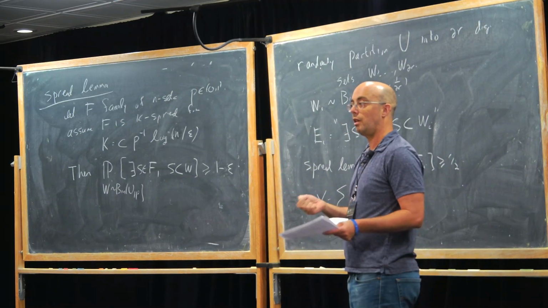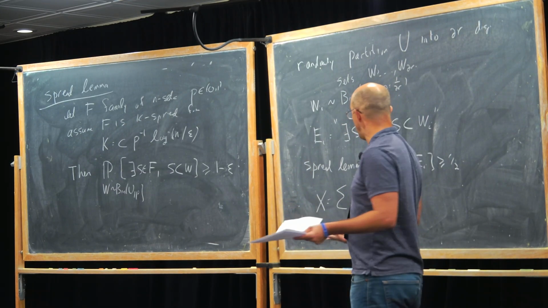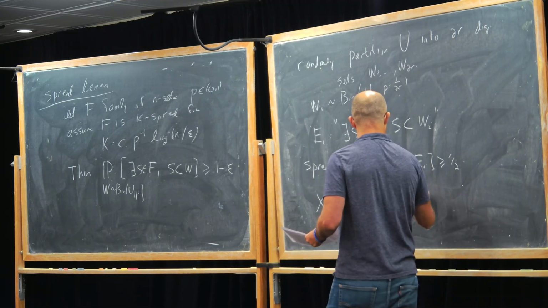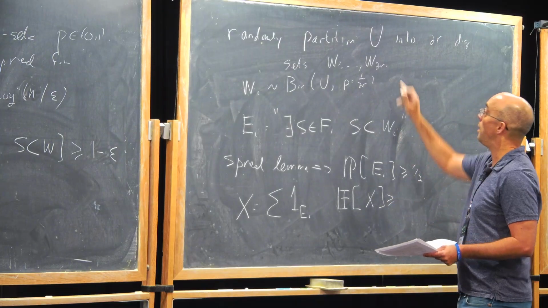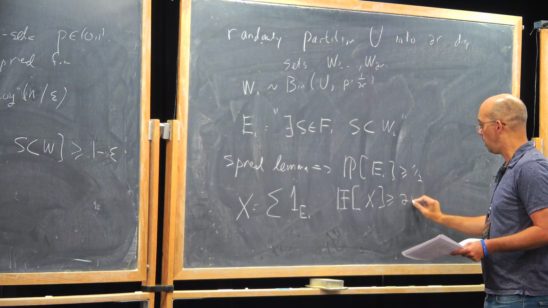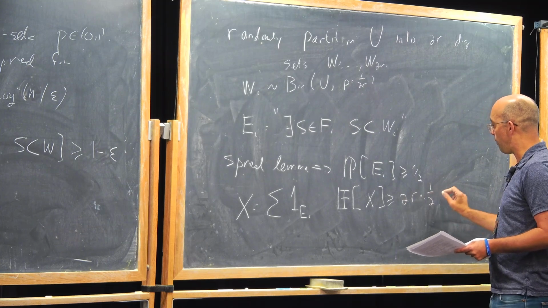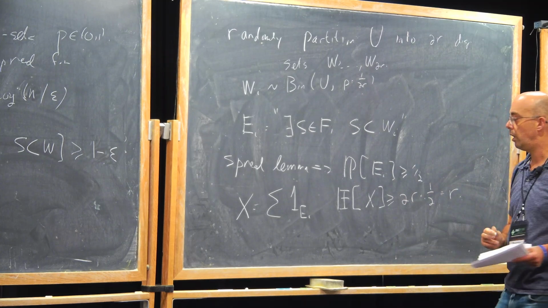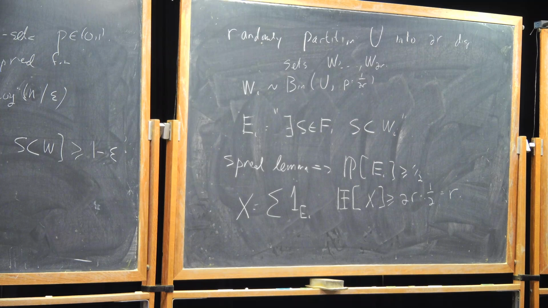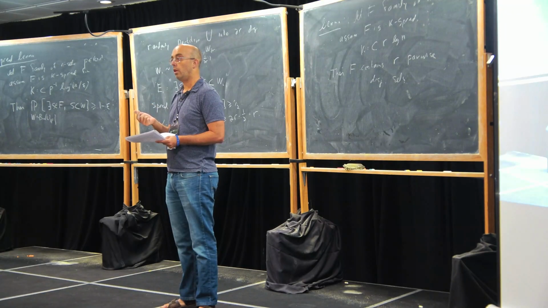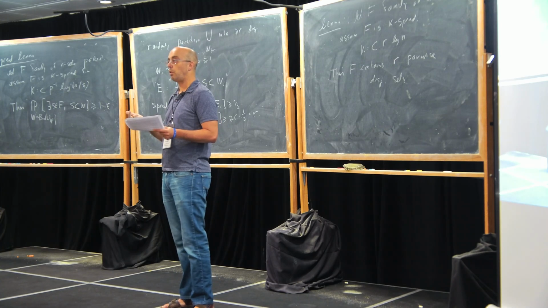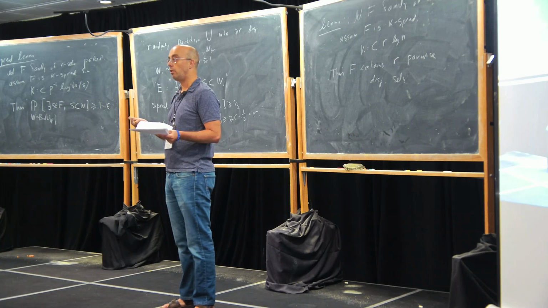So the expectation of X is at least the number of colors, 2R, times the probability of each one happening, a half, which is R. So in expectation, for a random coloring, there exist R colors, and for each color, there exists a set that is completely monochromatic with this color. But then we just found R disjoint sets, because of course, if two sets are monochromatic with different colors, they have to be disjoint.